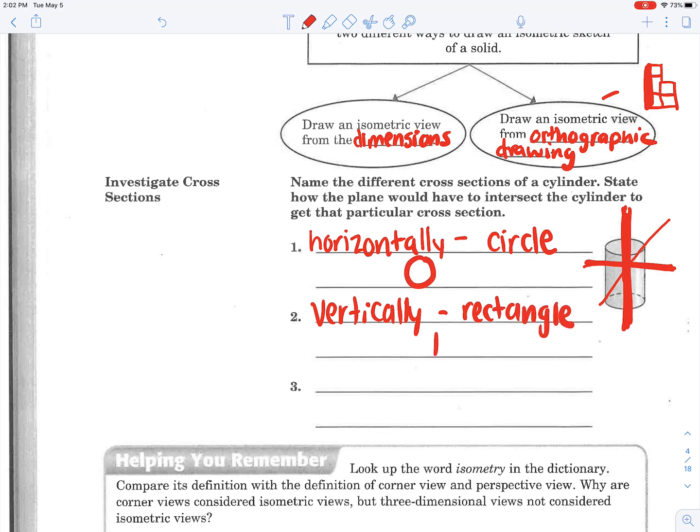You could draw these out. And at an angle, if I were to cut the figure this way and open it up, I'm going to see an ellipse. You might say oval, but the technical term would be ellipse.